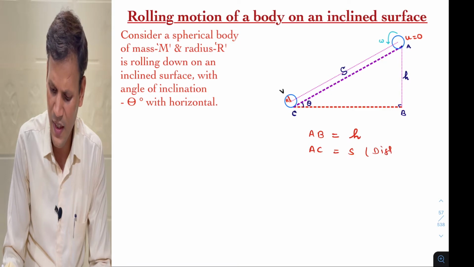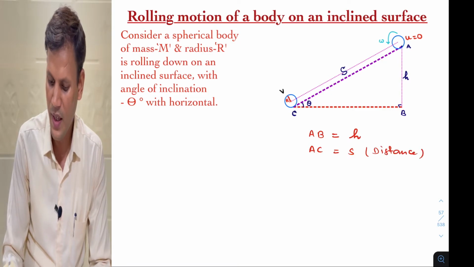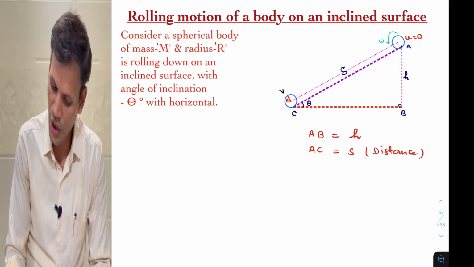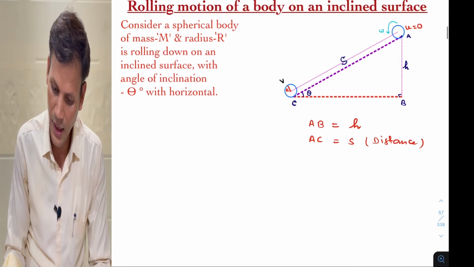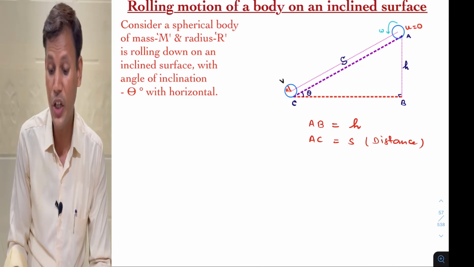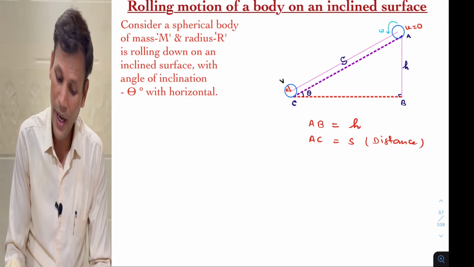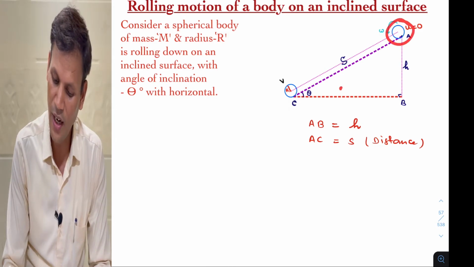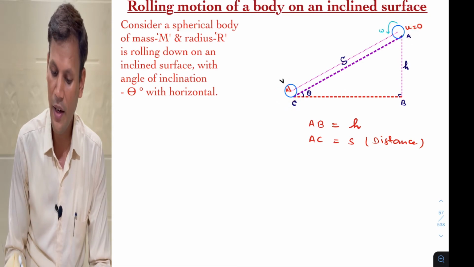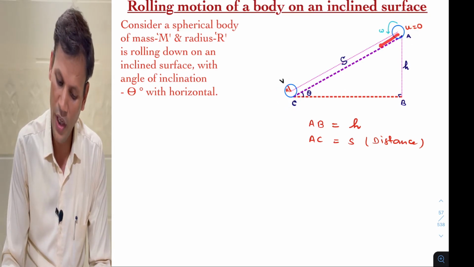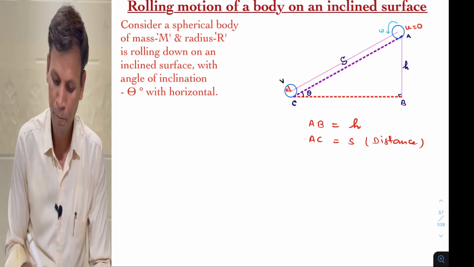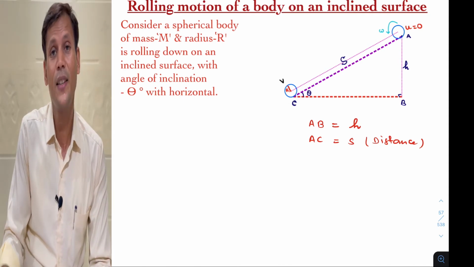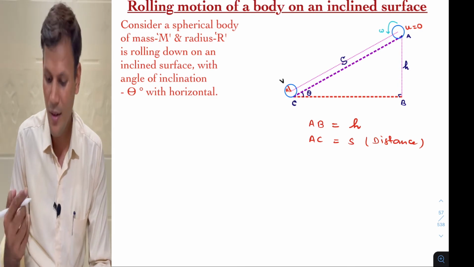It is distance or displacement, we can say both the terms. Theta is the angle of inclination, of course, and at point A initial velocity is 0. Omega is the angular velocity, v is the linear velocity when the body reaches point C. In this case we will do one more thing in advance, उसका बाद में use आएगा, that we will see.